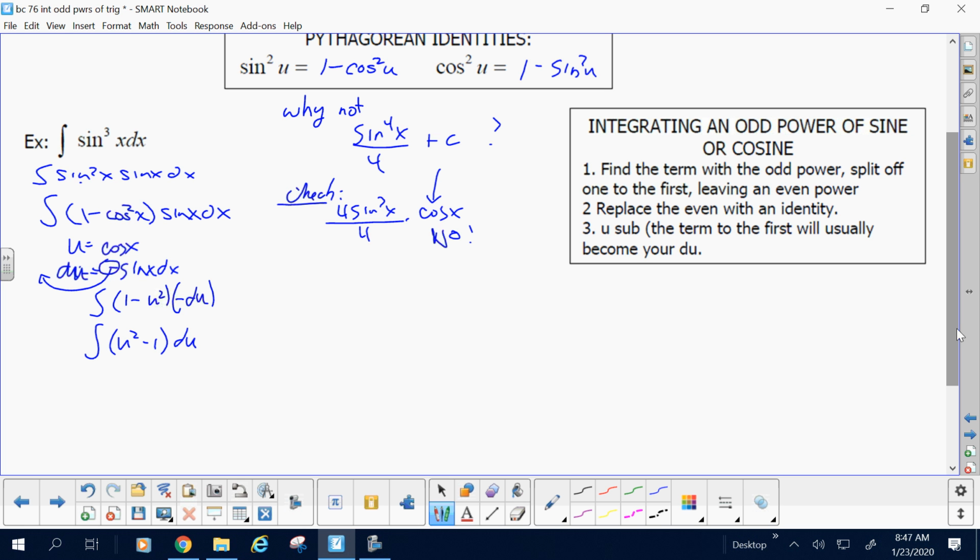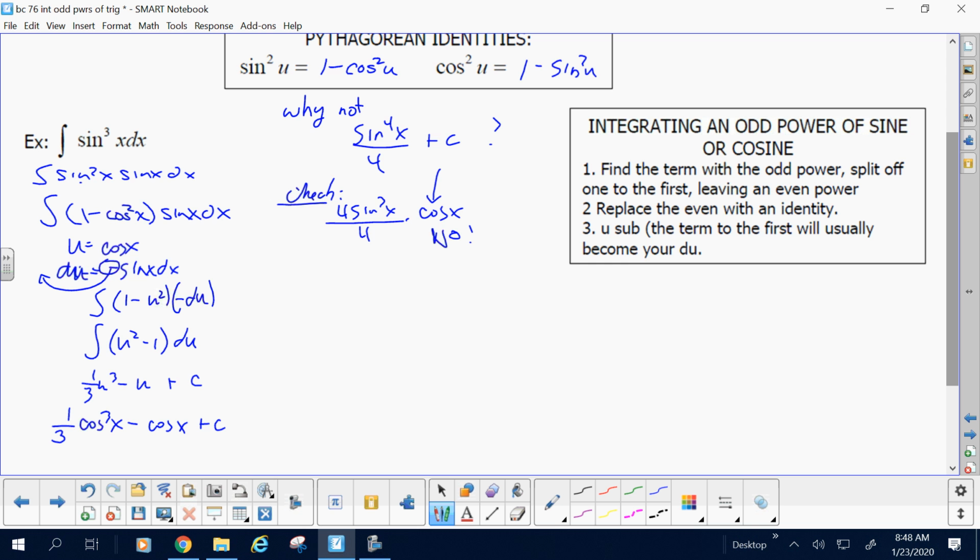Okay. All right, what's the antiderivative of u squared minus 1? 1/3 u cubed minus u plus c, and am I done? No, sub back: 1/3 cosine cubed minus cosine plus c.